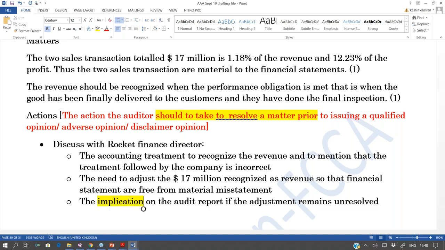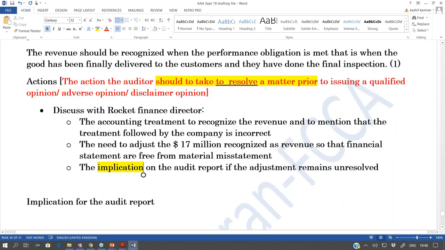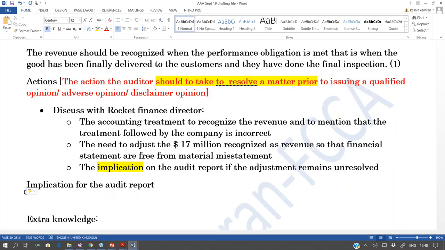We're just using a general term here, the implication on the audit report. But where will we specify the implication? In the next heading, right? Implication for the audit report. But over here we are just saying that we should discuss with the finance director the implication on the audit report if the adjustment remains unresolved.